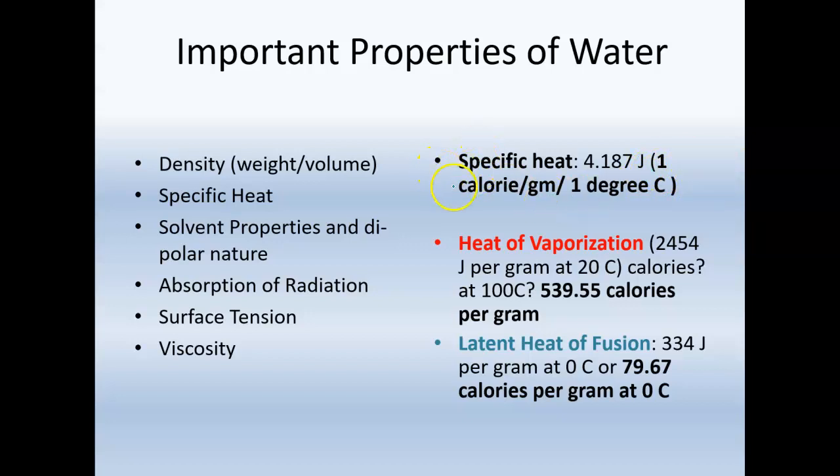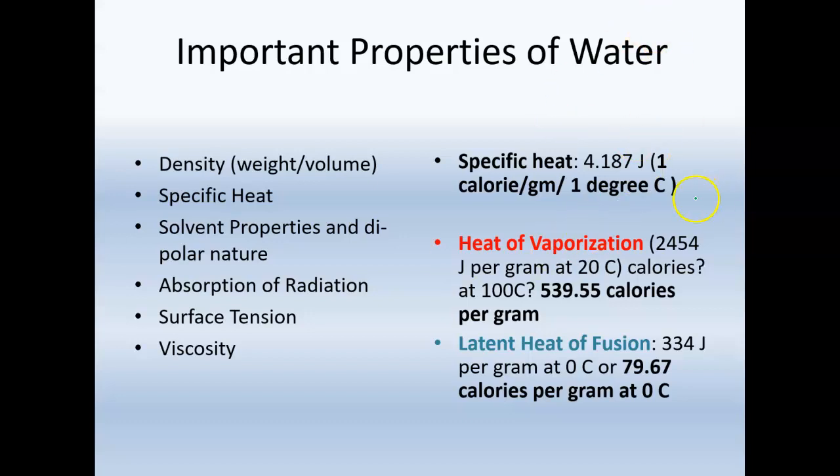You know water has unique solvent properties. We're going to learn about the absorptive radiation capacities of water, how it differs with wavelengths. The surface tension capacity of water is related to hydrogen bonding, and the viscosity of water changes with temperature.